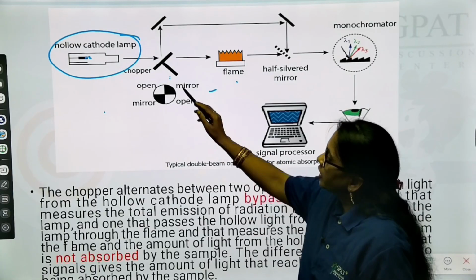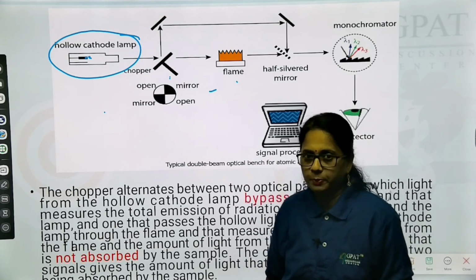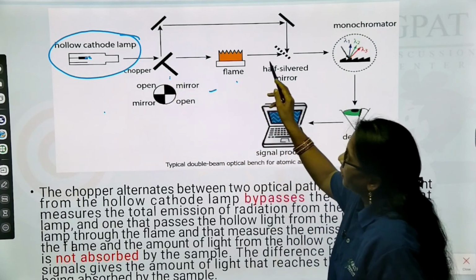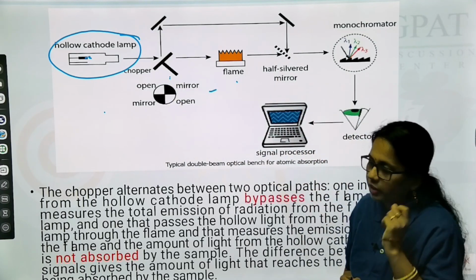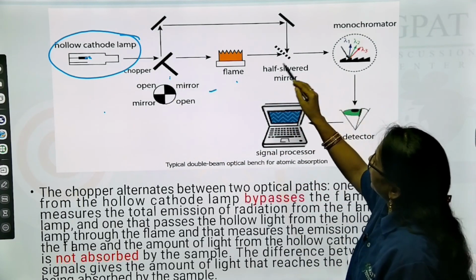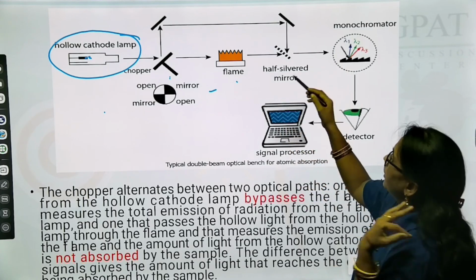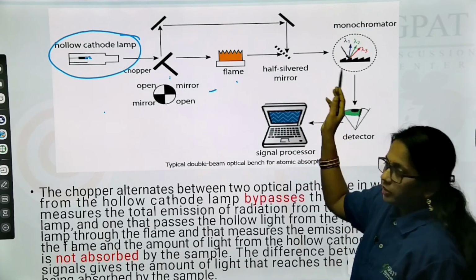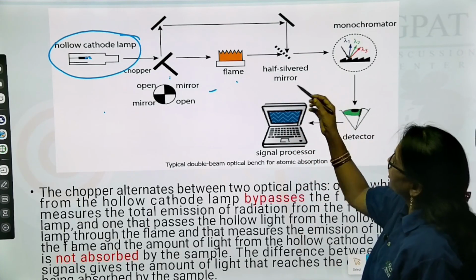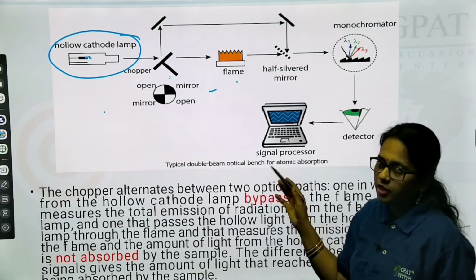In the open condition, the light passes through the flame, it is taken up by the sample, the absorption takes place, and we see the graph there.